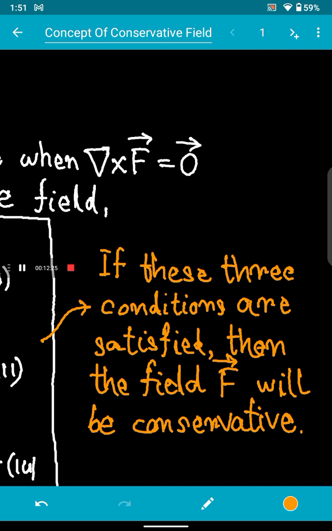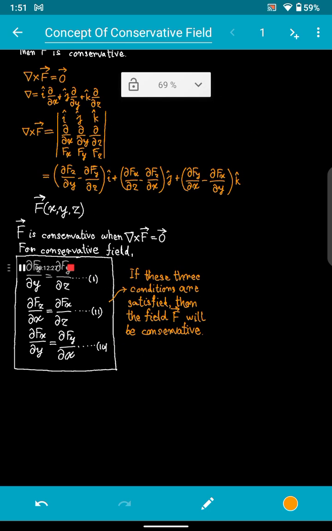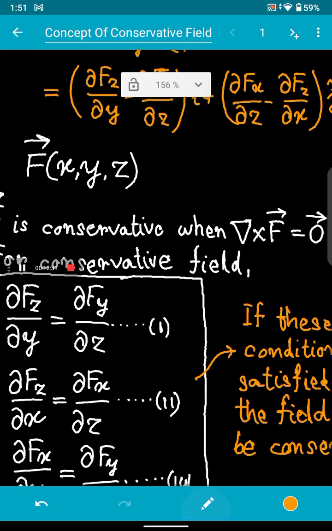So that was the whole point of the video, how to find if a field is conservative or not.